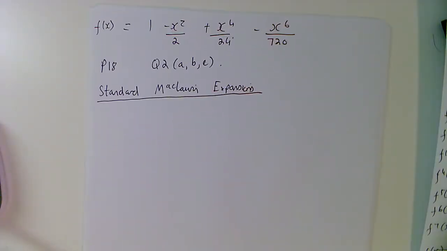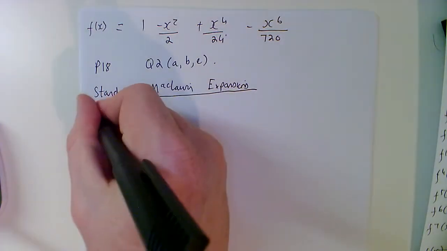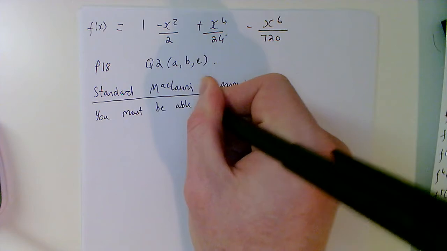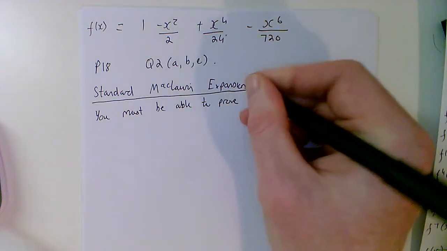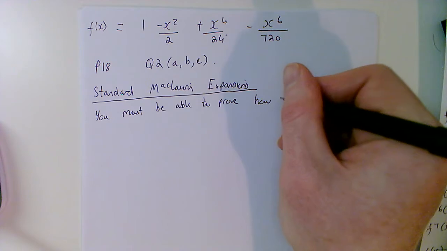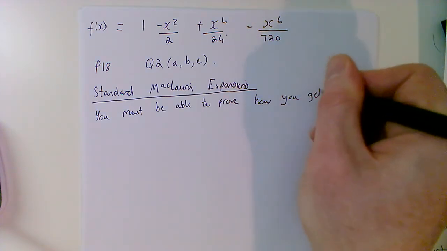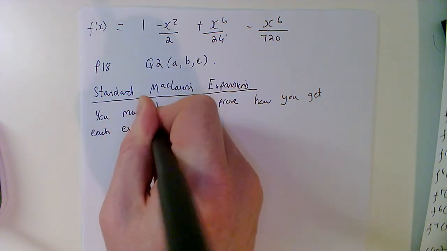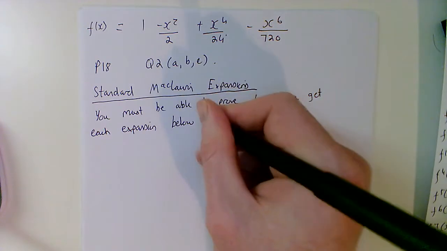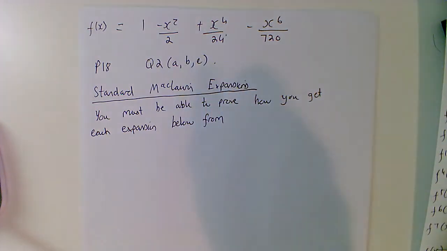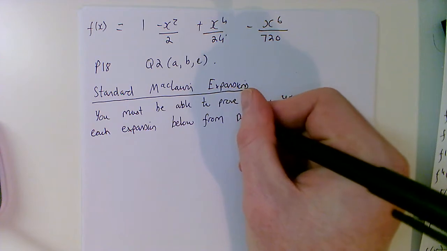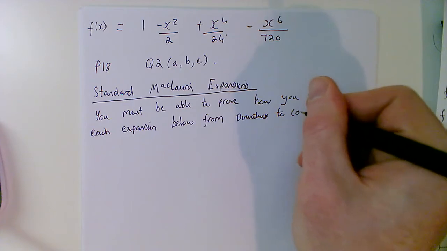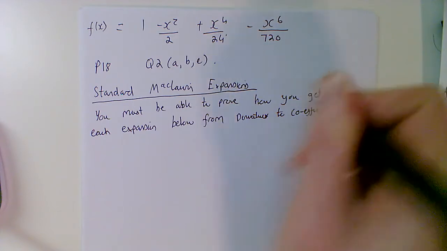Okay, now you must be able to prove how you get each expansion below, from derivative to coefficient, like the examples above.